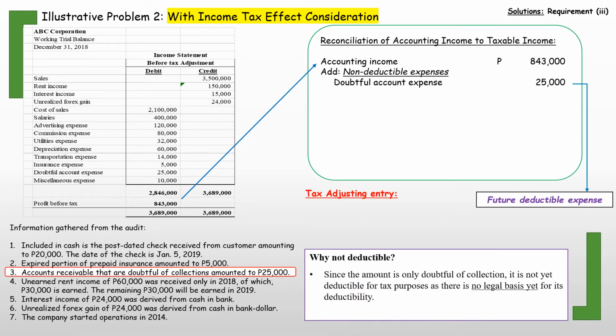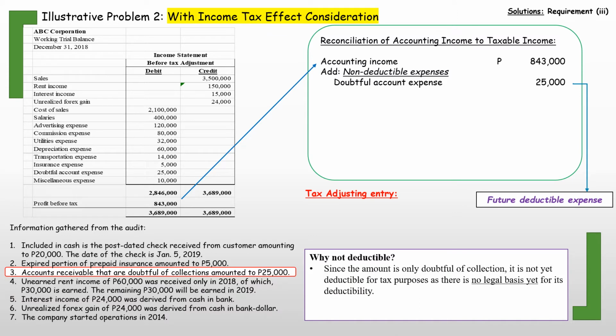But why not deductible at the time of recognition? Since the amount is only doubtful of collection, it is not yet deductible for tax purposes as there is no legal basis yet for its deductibility. Our adjusting entry is debit, deferred tax asset, 7,500, credit, income tax expense deferred, 7,500, or yung 30% ng 25,000.